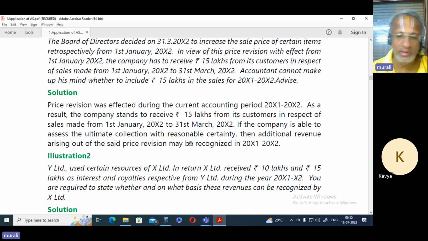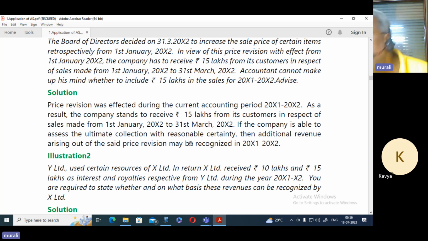In return, X Limited received 10 lakhs and 15 lakhs as interest and royalties from Y Limited. Correct? Y Limited paid to X Limited 10 lakhs towards interest and 15 lakhs towards royalties. You are required to state whether and on what basis these revenues can be recognized. So simply to say on what basis interest and royalties are to be recognized. Already we have made a note.